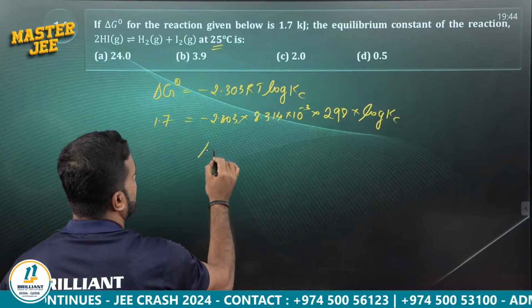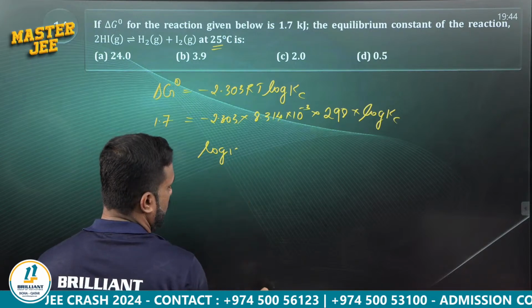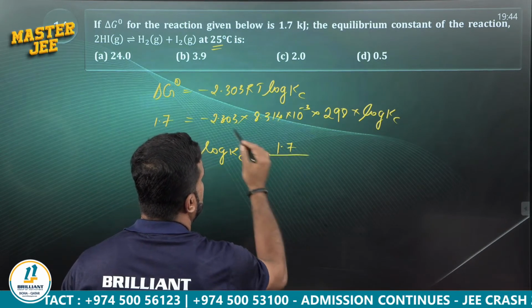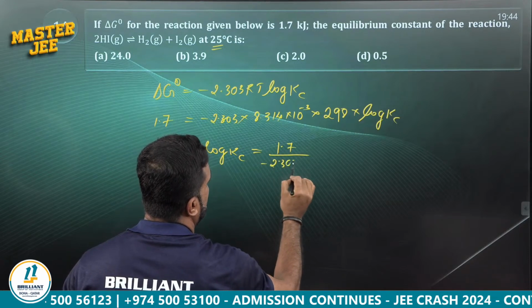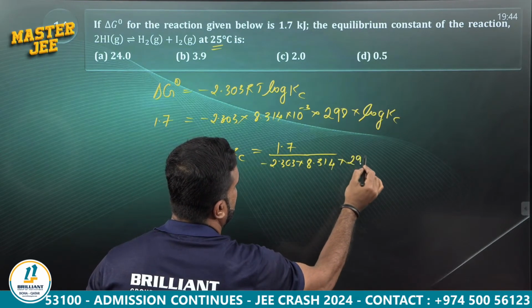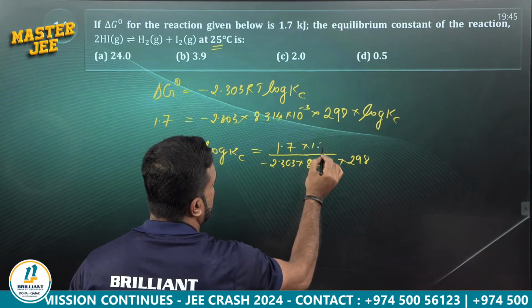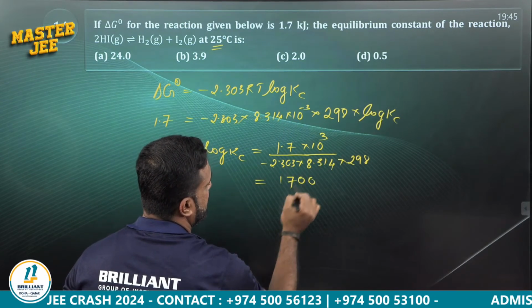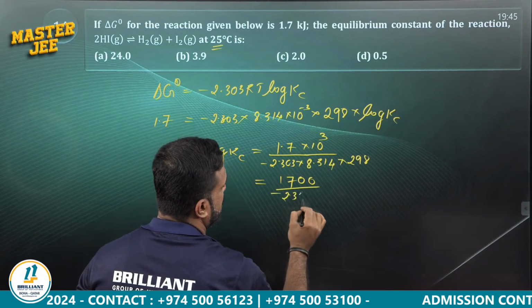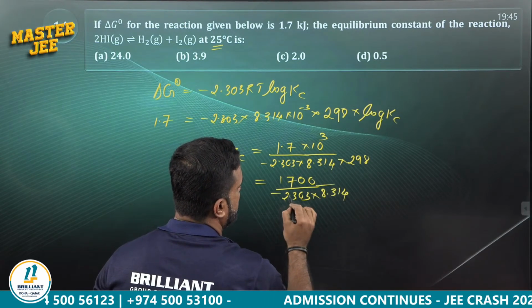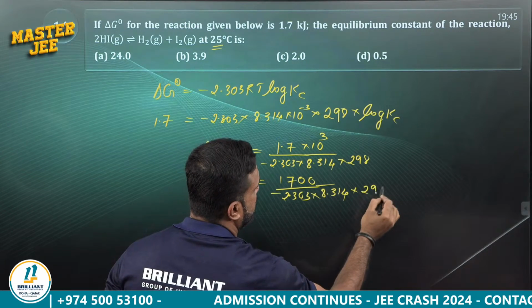So log Kc is equal to 1.7 divided by minus 2.303 into 8.314 into 298. The 10 power minus 3, when taken to the numerator, becomes 10 power 3, so it is 1700 divided by 2.303 into 8.314 into 298.